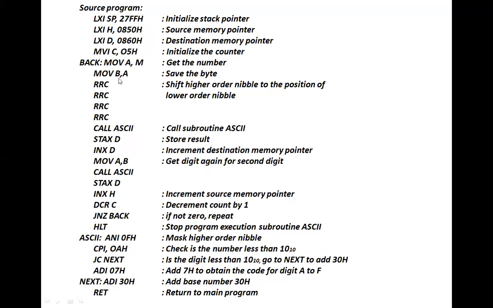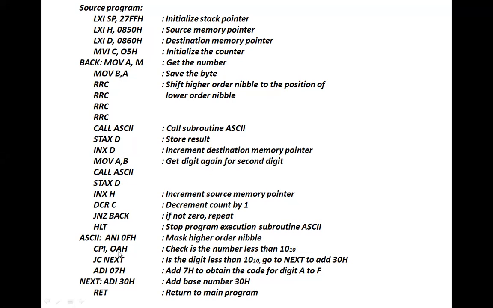First of all, that number is stored temporarily in the B register. Then we do right shifting 4 times. After shifting right 4 times, we call the subroutine, which has ANI 0F, masking the higher order nibble so that we are left with the lower order nibble, which was actually the higher order nibble.